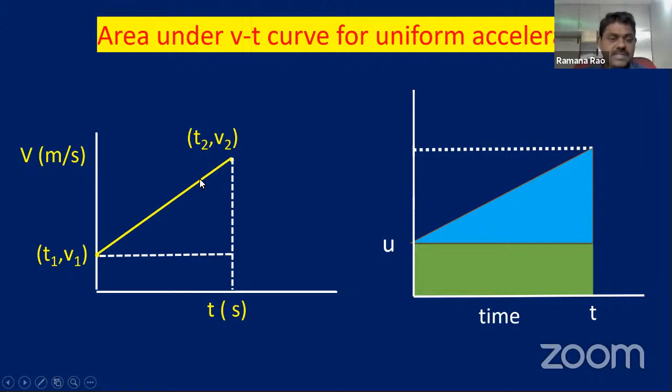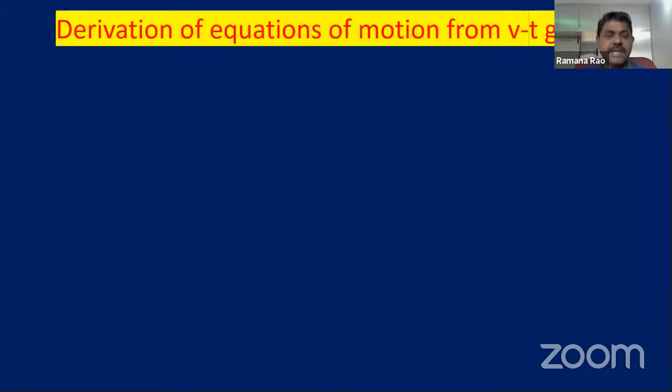So this straight line, and the triangle and the rectangle are going to be the area under the curve. So what does the area under the VT curve give? This will give the displacement.